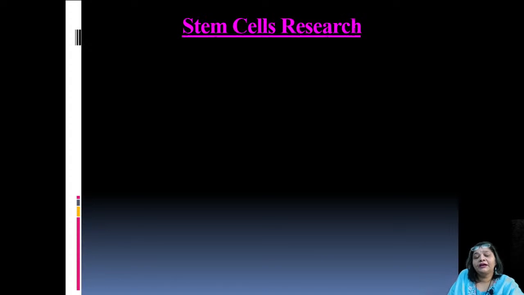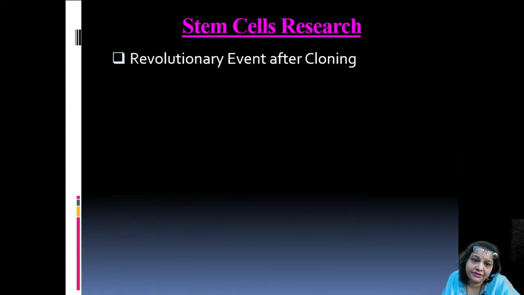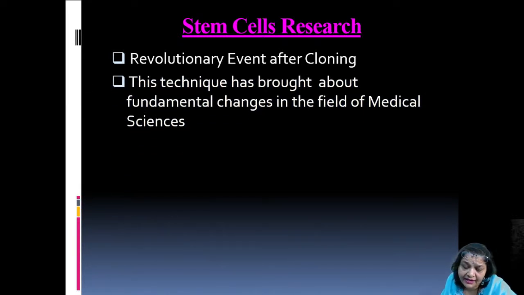Let us see how stem cell research actually started and was carried out. Actually, it is a revolutionary event after the cloning process in 1996, where you all have heard about Dolly the sheep that was produced by the method of cloning.